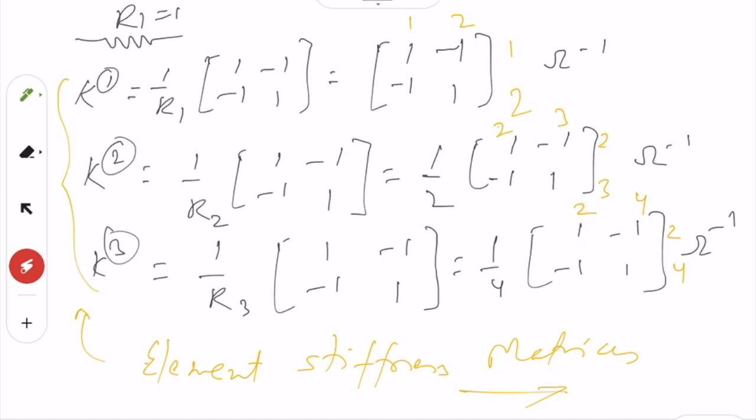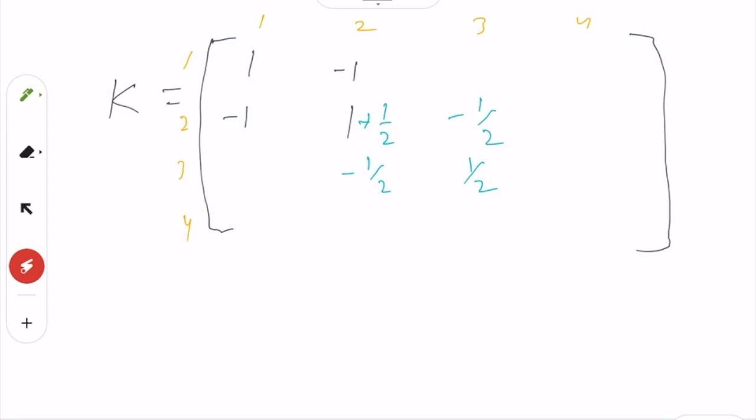2 4 2 4. Not to forget 2 4 and 2 4. So the location is 2 2 this location, 2 4 this location, 4 2 this location, 4 4 this location. Accordingly we write here, it will be again 1/4.